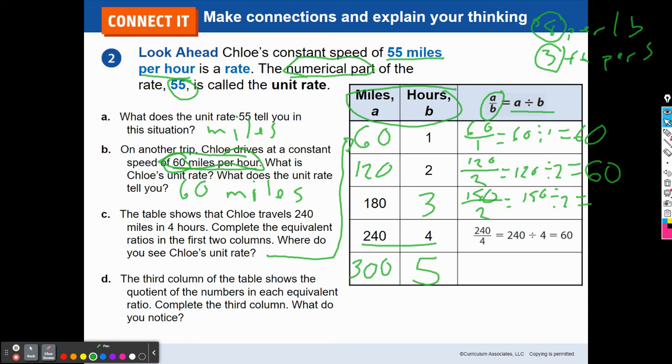Well, what is that? 60, right? This one is done for you. Then we have 300 over 5 for 3 to 5. 300 divided by 5. What's that going to be? 60. So, what do you notice?